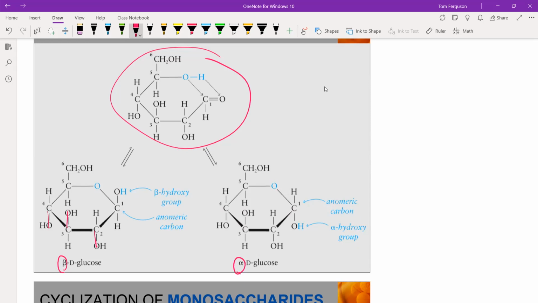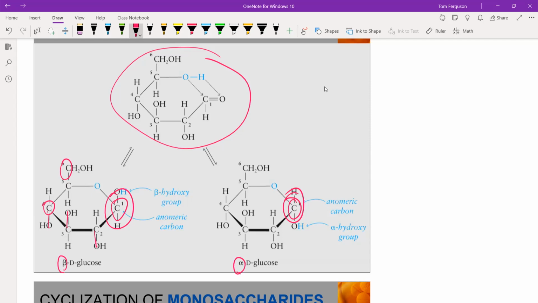And again, carbon number 1, that's how you number it. Carbon number 1 is the most important carbon, and to a lesser extent, 4 and 6. But this one particularly, because the hydroxyl group can go up or down.